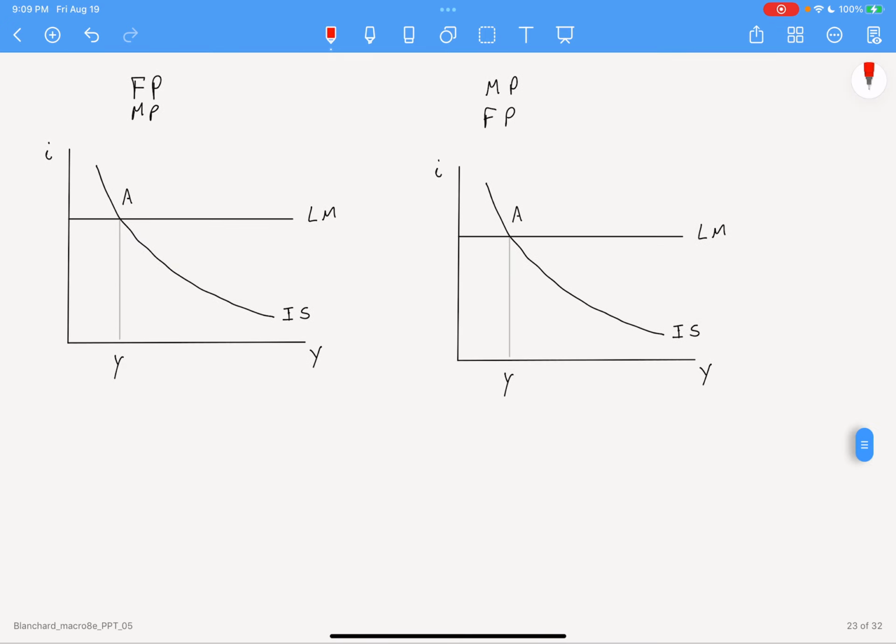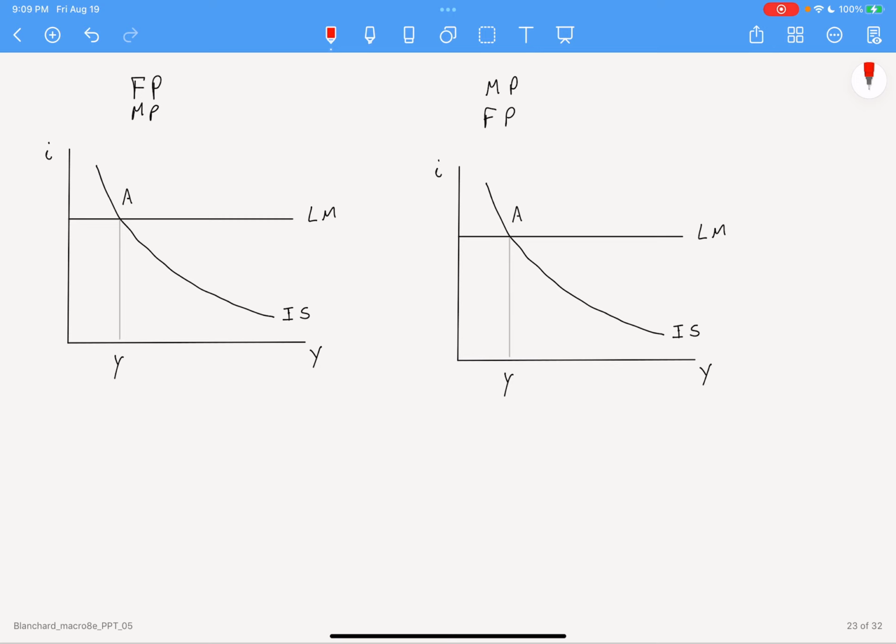So here I have, we always start with an equilibrium, right? Remember that. But as you can see, Y is at a very low level. Let's call this recession for a while. We are in an equilibrium, and this equilibrium is a recession. We want to improve the output of this economy. What can be done?